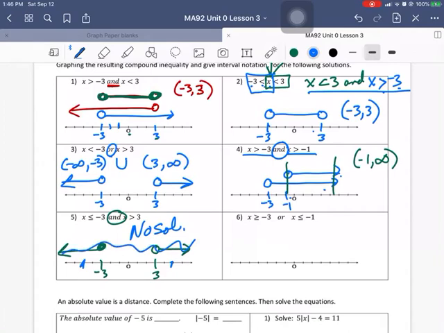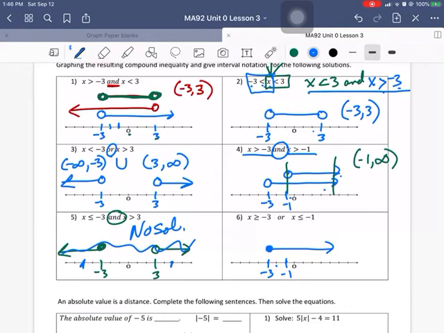Okay. If it's negative 3, 1, 2, 3, and, oops, negative 1 would be here. So greater than or equal to negative 3, right?